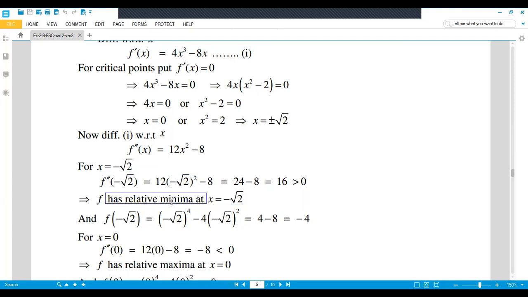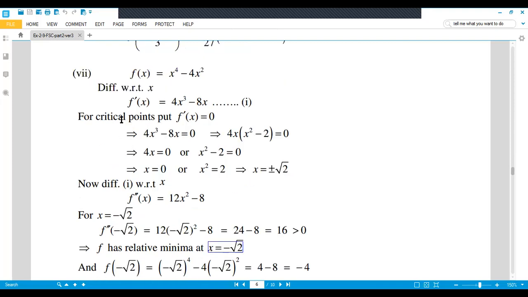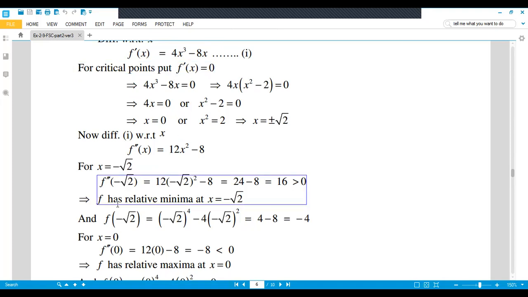So f is relative minimum at x equal to minus under root 2, because we get a positive value. Now we put this minus under root 2 in the given function. In place of x, we put minus under root 2. So (minus under root 2) power 4 minus 4 into (minus under root 2) square. So when we solve it, we will get 4 minus 8, which is minus 4.